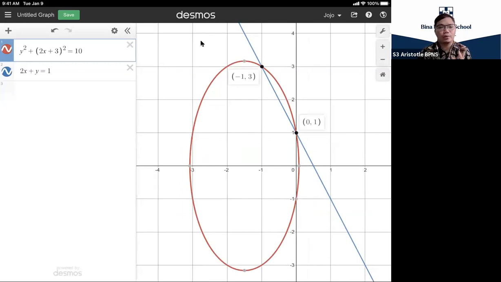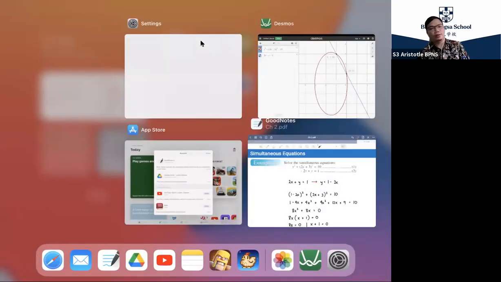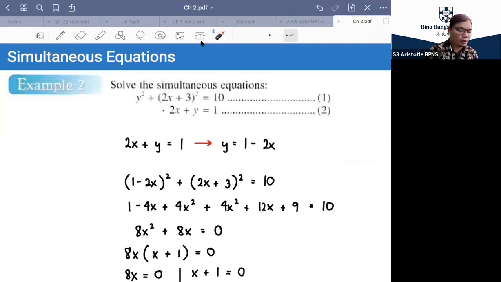But the question is, how can we solve for these two pairs of points by algebra? That's the challenge here. Because by graphing, we can see the answers right away. So how do we solve this algebraically? That's what we're going to do right now. Please listen carefully, class, because this is very new.